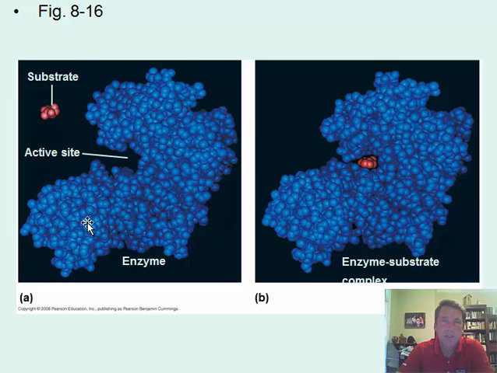So they're very specific in what they will help with. Only this substrate will fit in this enzyme and move through. Once it fits in, it's referred to as an enzyme substrate complex, and they help speed up these reactions.